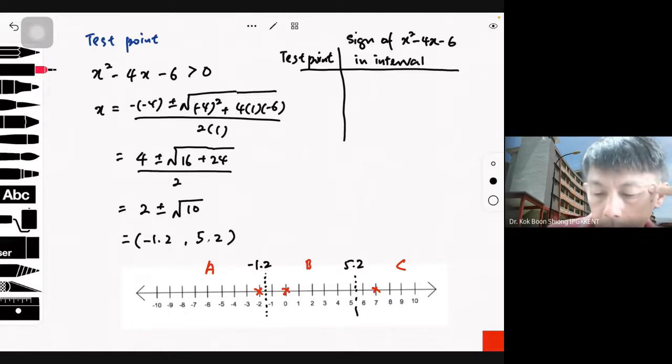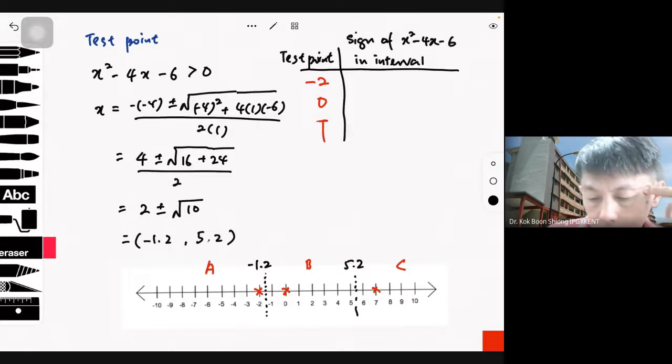So when the test point is negative 2, when the test point is 0, and when the test point is 7. When the test point is negative 2, what is the answer?